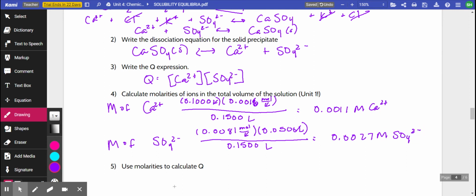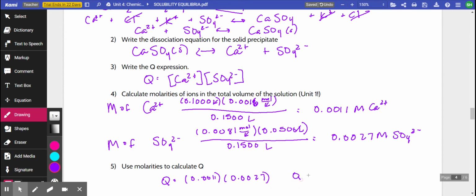We're going to use those molarities to calculate Q, and then compare Q to K to see if Q is bigger or smaller, and that will tell us if we will get a precipitate or not. So we plug this in. Q equals the concentration of our calcium ion, 0.0011, times the concentration of our sulfate ion, 0.0027.